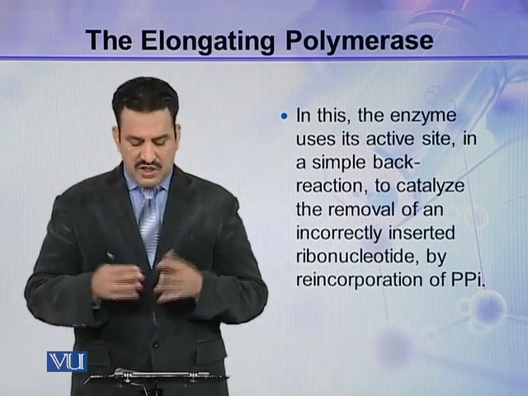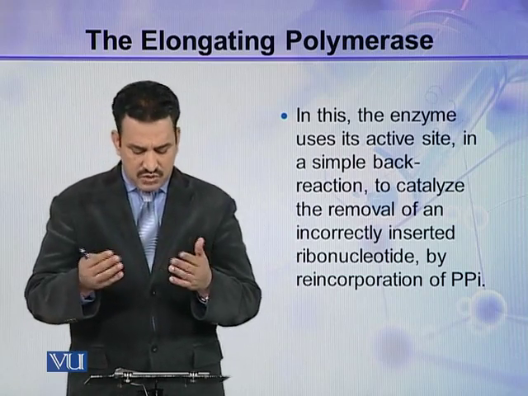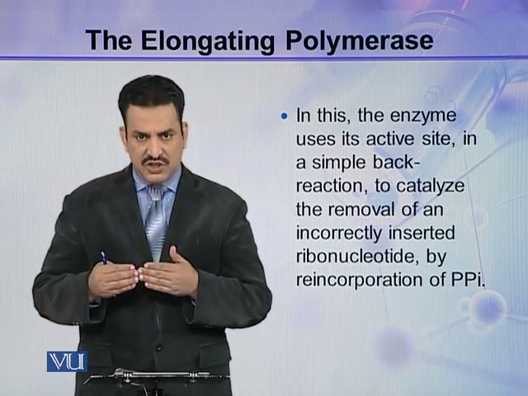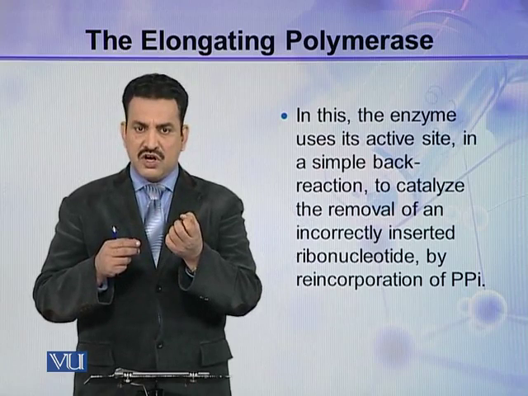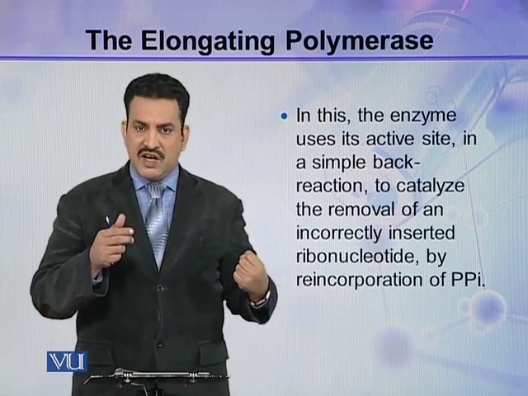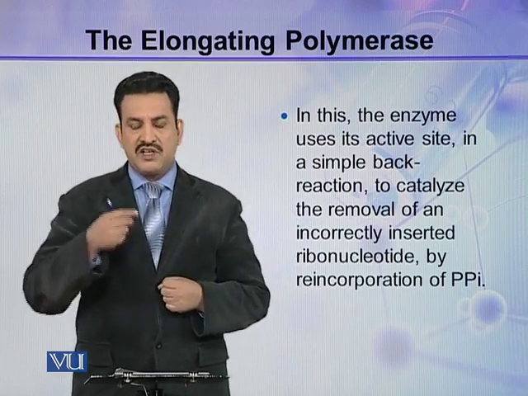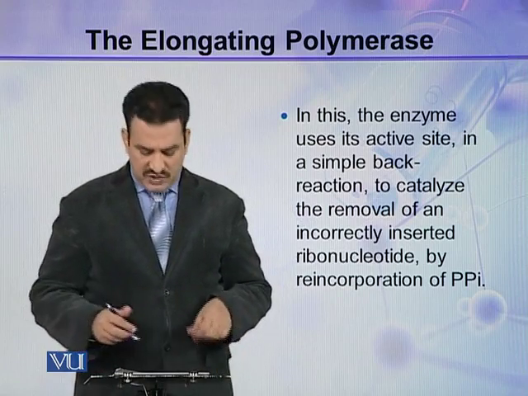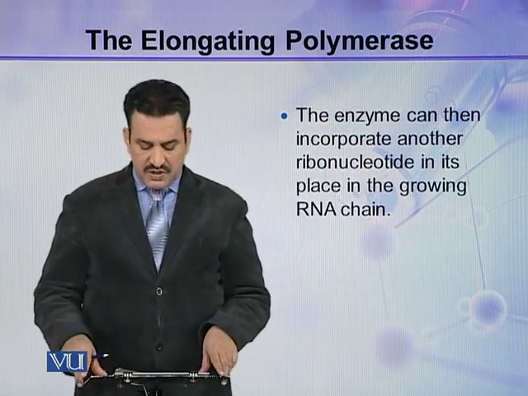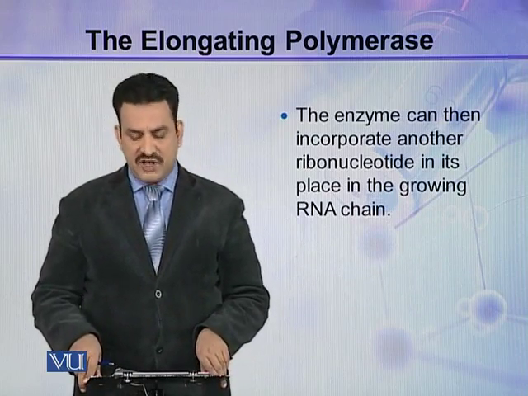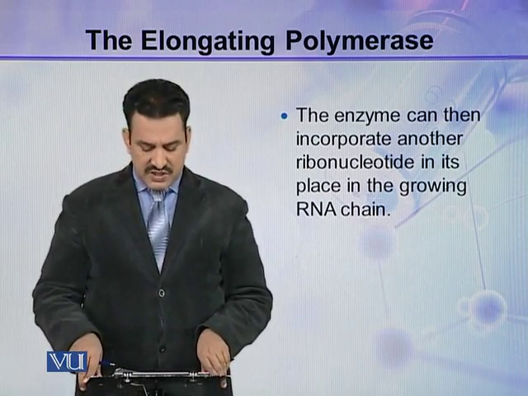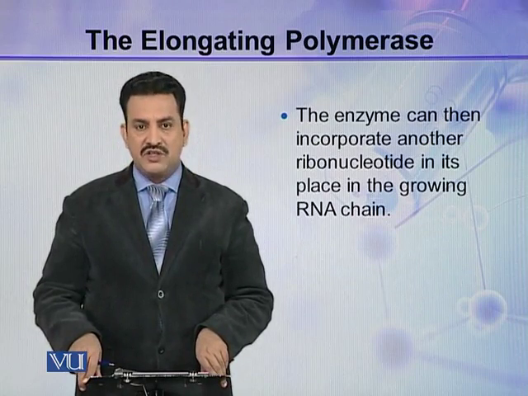So the active site just uses a back reaction and removes the misincorporated nucleotide, and in its place it adds pyrophosphate. The enzyme can then incorporate another ribonucleotide in its place in the growing RNA chain.